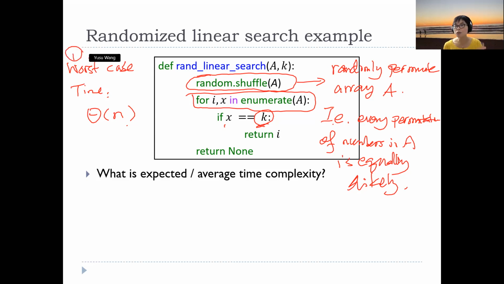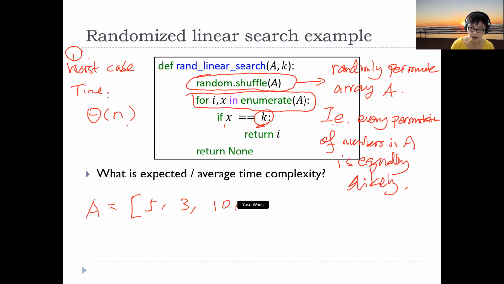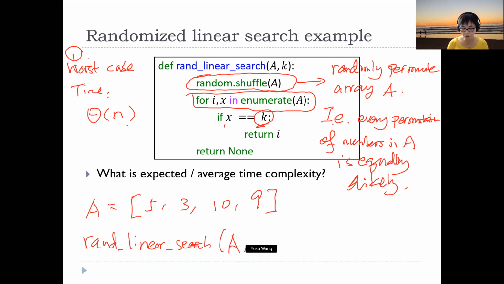The second thing I want you to notice is this. Imagine a simple example where my input array A is 5, 3, 10, 9, and I'm looking for 10.